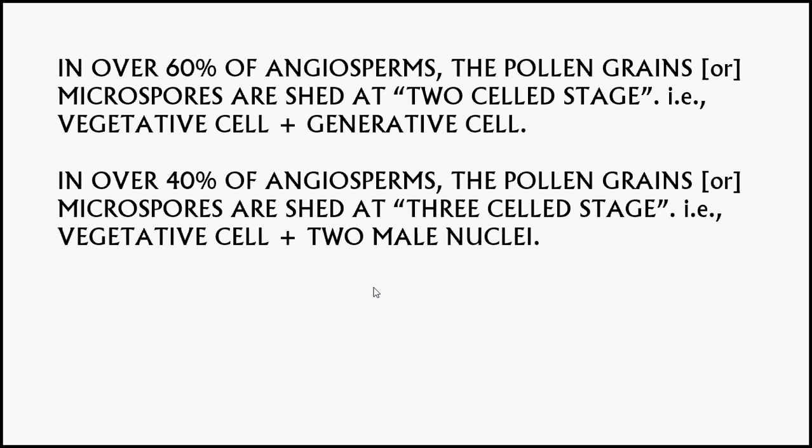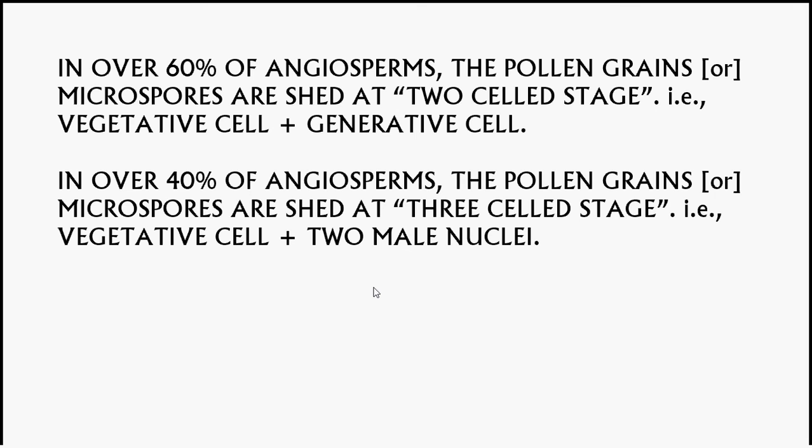In the remaining 40% of flowering plants, the pollen grains are shed at the three-celled stage, that is, the vegetative cell and two male nuclei. Now let's see that. In the previous slide, we discussed that during germination, the generative nucleus undergoes mitotic division to form two nuclei, called sperm nuclei, male nuclei, or male gametes.